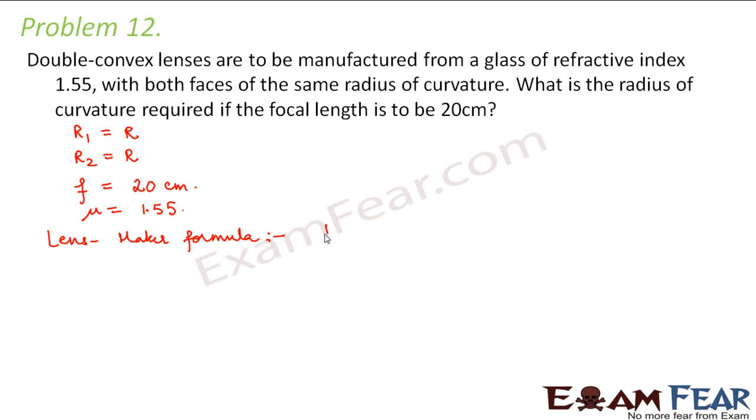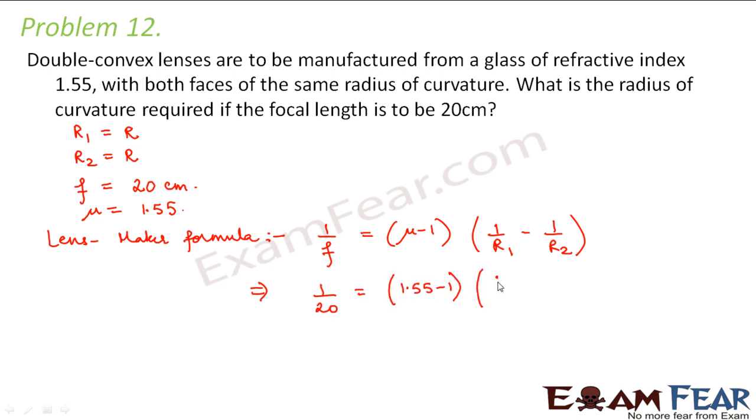Here we will apply lens maker formula, which says 1 by f is equal to mu minus 1 into 1 by r1 minus 1 by r2, right? Using this, 1 by 20 is equal to 1.55 minus 1 into 1 by r minus, what is r2? In this case, r1 is positive and r2 is going to be negative. So this will be 1 by r plus 1 by r.